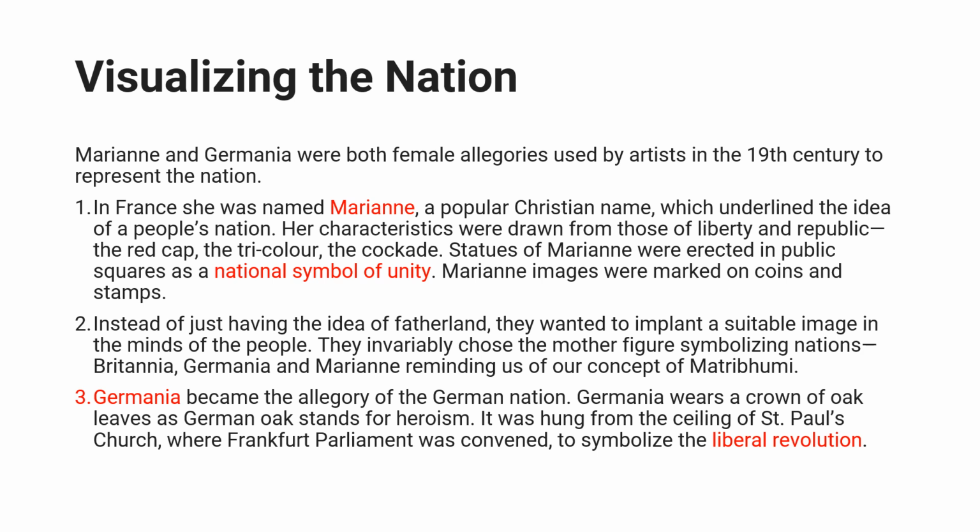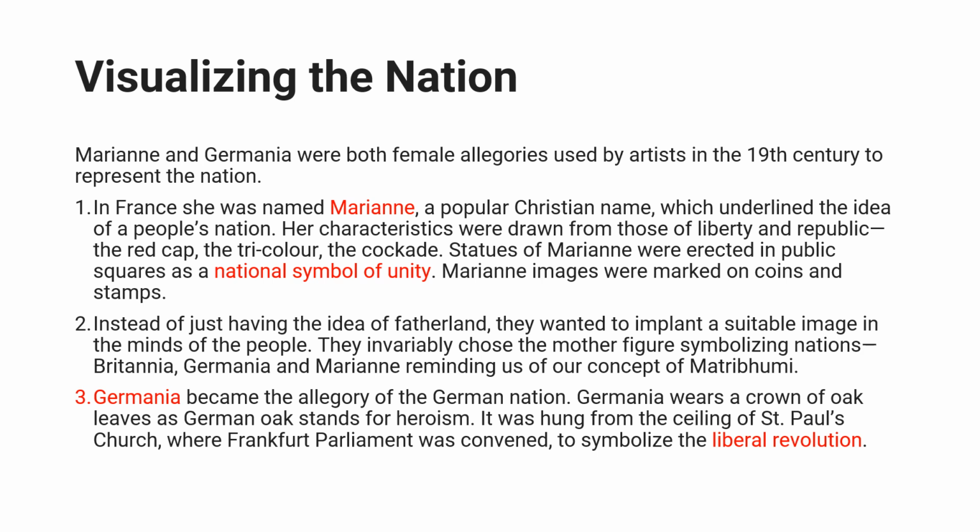Marianne and Germania were both female allegories used by artists in the 19th century to represent the nation. In France, she was named Marianne, a popular Christian name, which underlined the idea of a people's nation. Her characteristics were drawn from those of liberty and the republic: the red cap, the tricolour, the cockade.